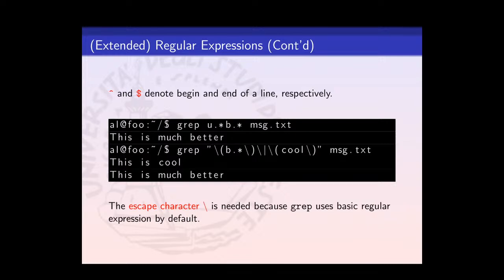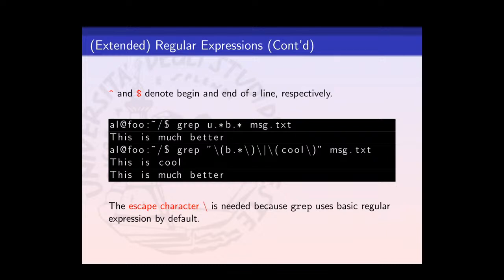Let's assume we have a file named message which contains many lines, and we want to extract all the lines which at some point have a U, then a certain number of any possible character, possibly also 0, then a B, and then again a certain number, possibly 0, of characters.